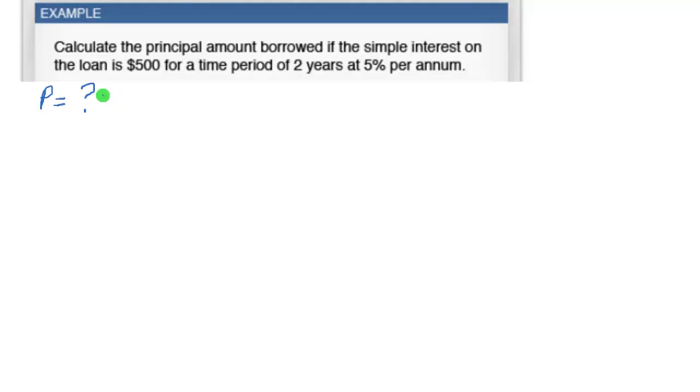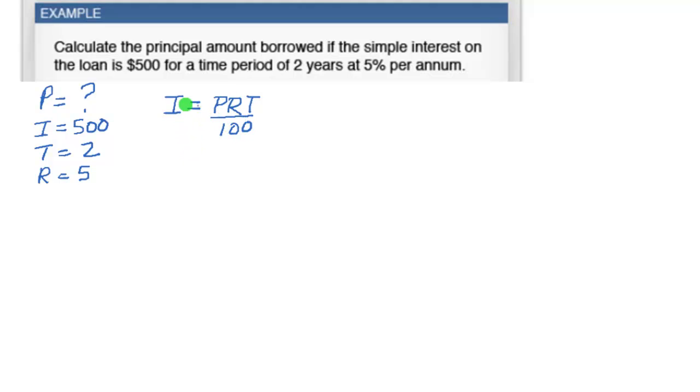That's our unknown. We know the interest, which is 500. We know the time period is 2 years. And we know the rate, which is 5%. Remember that the simple interest formula is I equals PRT, all multiplied, divided by 100.